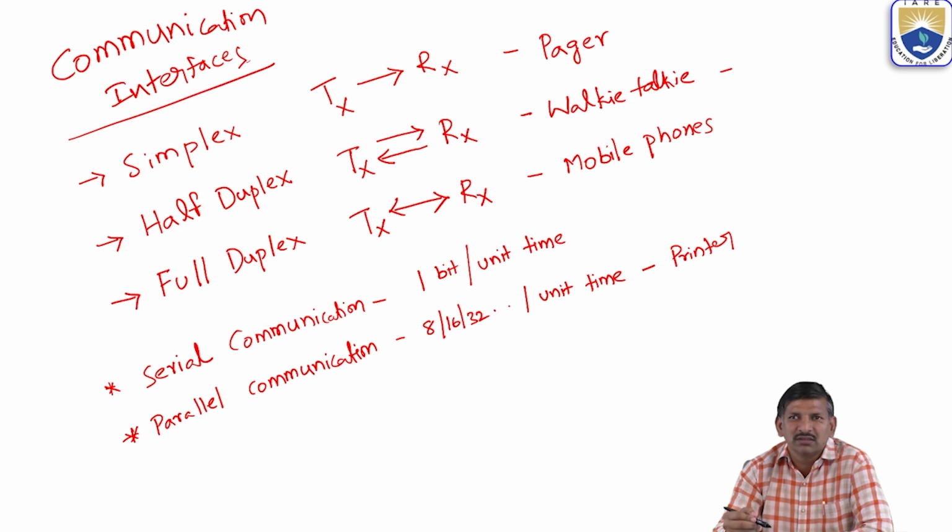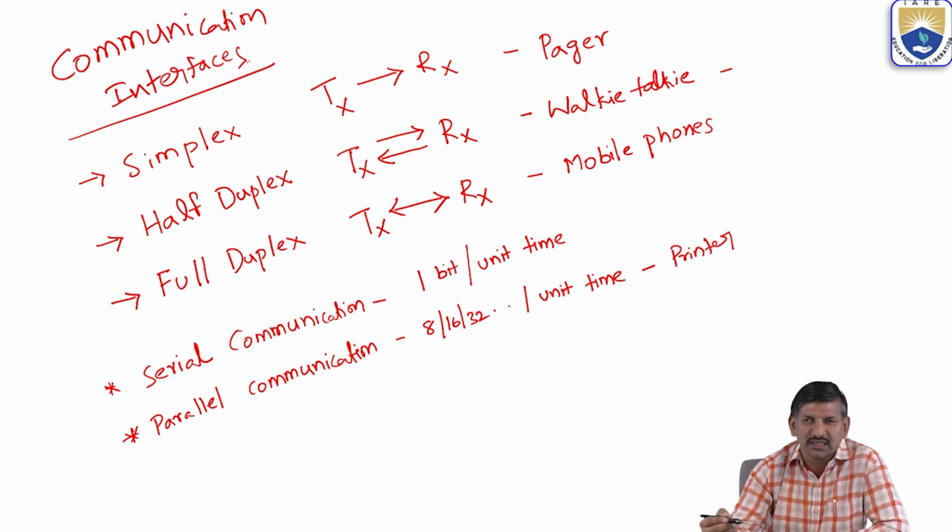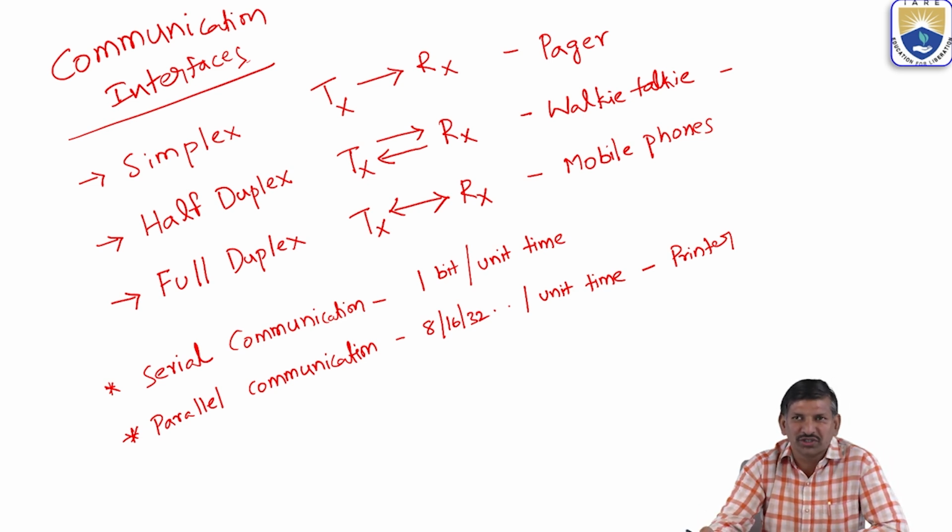The limitation is the cost is more since it requires 8 wires or 16 data lines or 32 data lines. That depends on the bus width we provide. So, automatically the speed is improved. It is high cost, whereas serial communication is low cost. Okay, these are some types of communications.